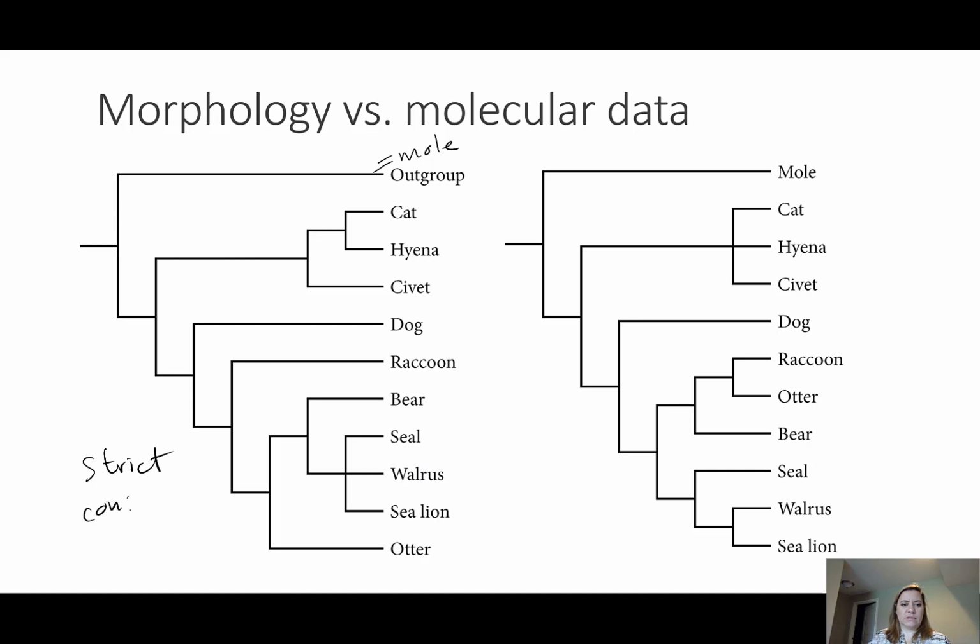And the same for the tree on the right, which is our molecular tree. All right, so these trees are fairly different. Look at the placement, for example, of the otter relative to the raccoon. In our morphology tree, the otter is way over here, whereas in the molecular tree, the otter is actually sisters with raccoons.